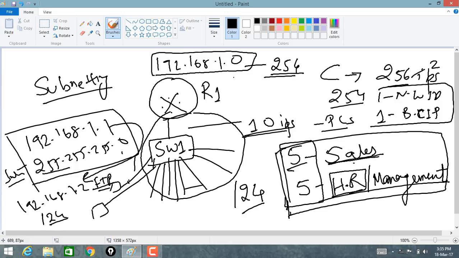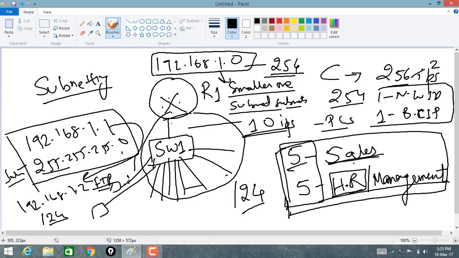Here we can divide this bigger network into smaller ones, creating two different subnets, and these two different subnets will not be able to communicate with each other.